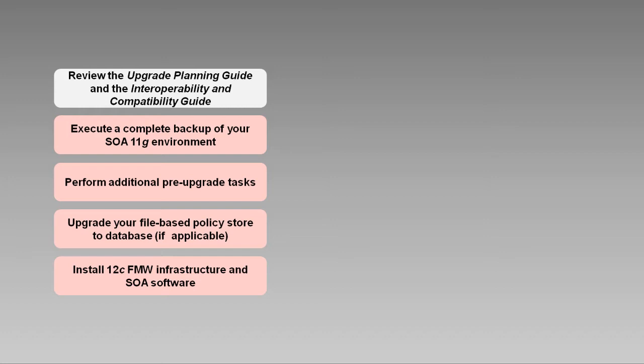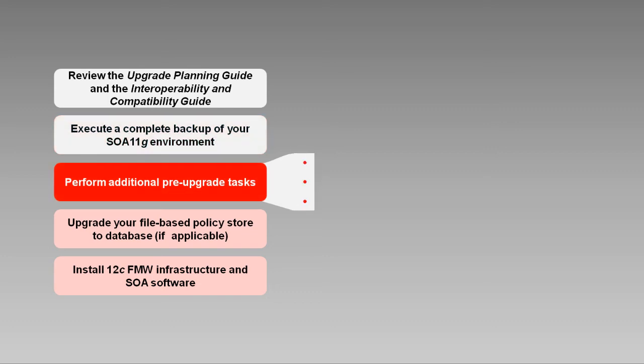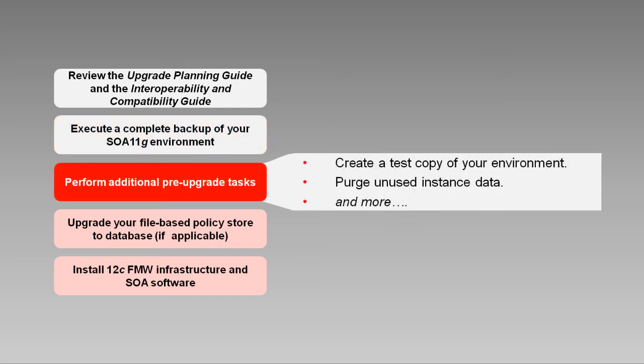After reading the documentation and performing any necessary tasks, you'll need to back up your existing environment. After the backup's complete, there's a number of other tasks to perform at this stage. For example, you should create a test copy of your production environment and upgrade that first to identify and resolve potential upgrade issues. You should purge unused instance data to save time during the upgrade, and much more.